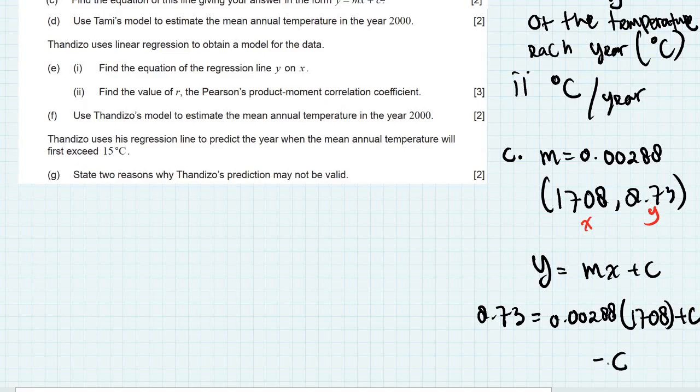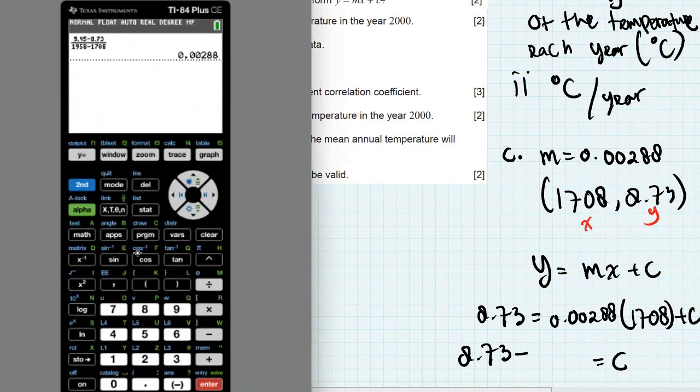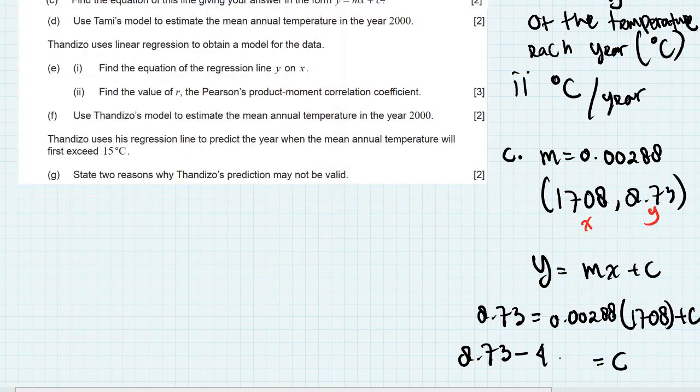So c will be equal to 8.73 minus the answer for this. Okay, let's input it to our calculator. We have 0.00288 times 1708, which is equal to 4.91904.